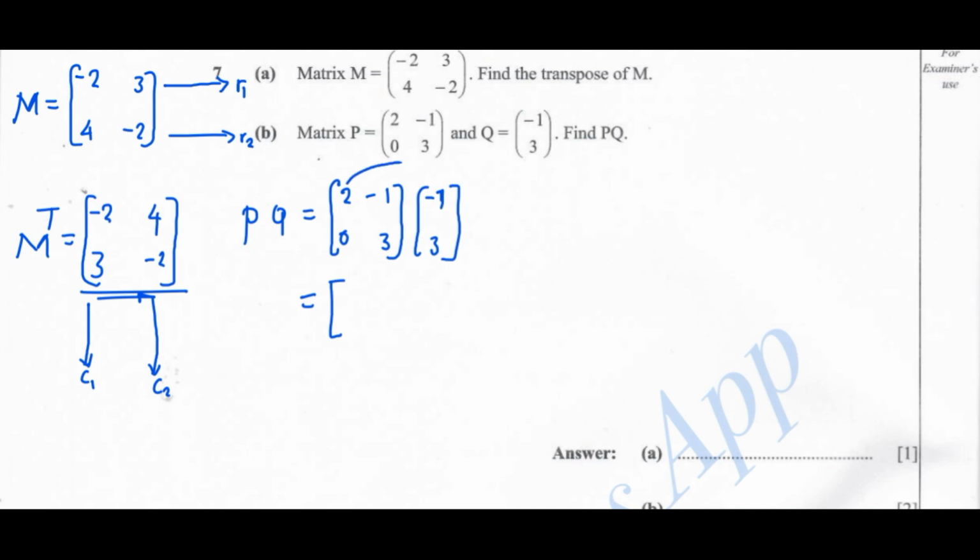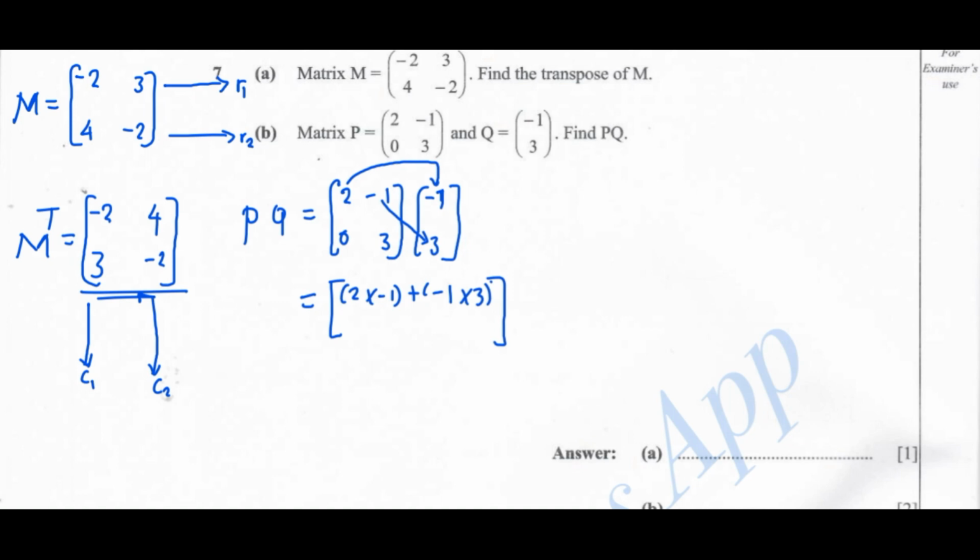So this negative 1 multiplied by positive 2, so this will be 2 times negative 1, plus the negative 1 will do the same. So this is negative 1 times 3. Then we can see that we only have one column, so we close.